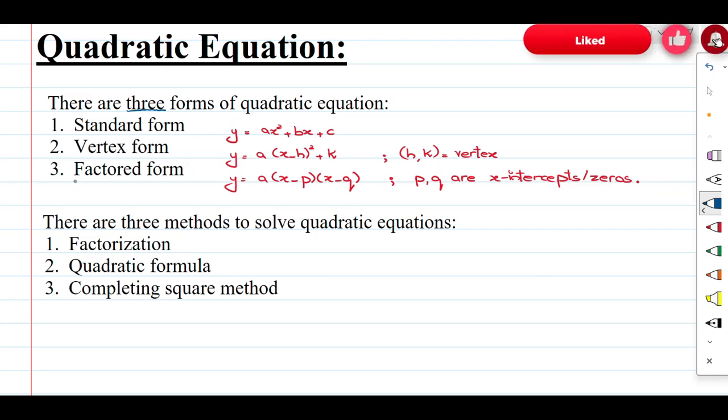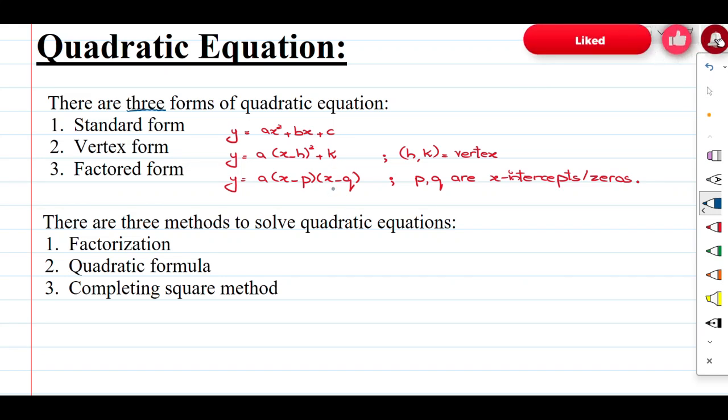And the third form of the quadratic equation is the factored form, which is y equals a(x minus p)(x minus q), where p and q are the x-intercepts, or you can say the zeros of that quadratic equation, right? So basically there are three forms of quadratic equation: standard form, vertex form, and factored form.